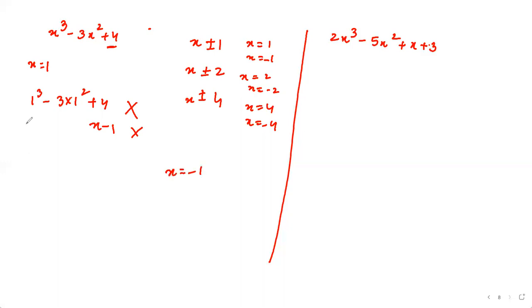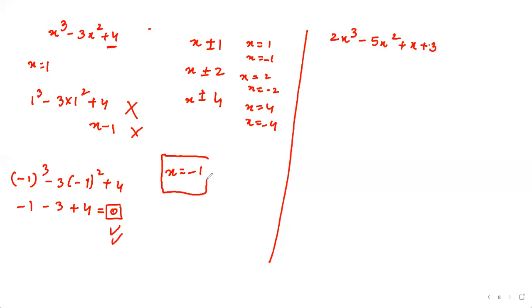If I try (-1) cubed minus 3 times (-1) squared plus 4, or -1 minus 3 plus 4, which is going to be 0. So 4 minus 4 is coming as 0. This is the answer which is coming to 0. So the trial and error gives us one of the factors already, which is x plus 1.